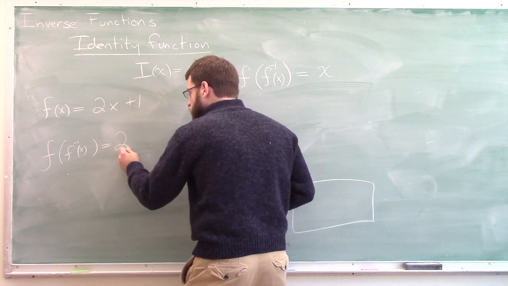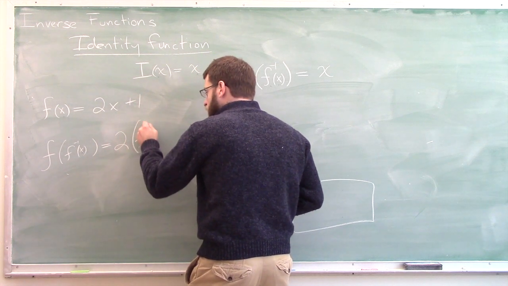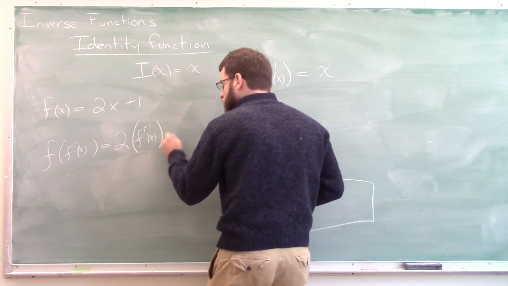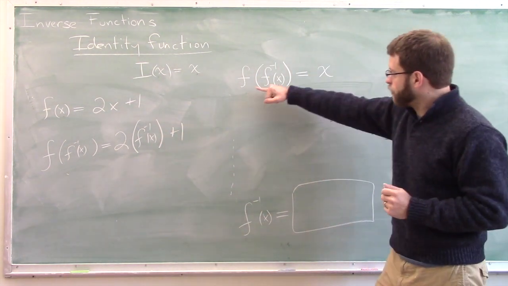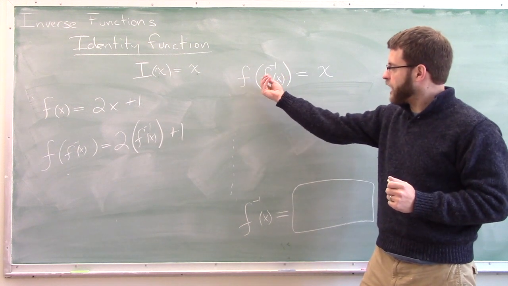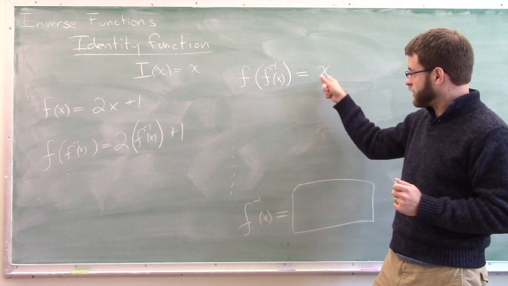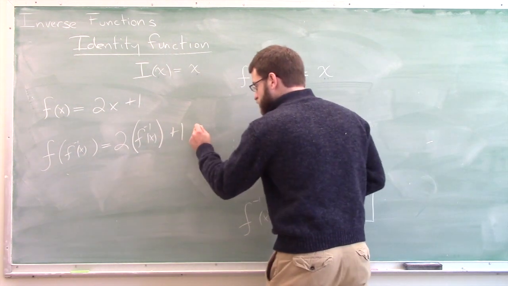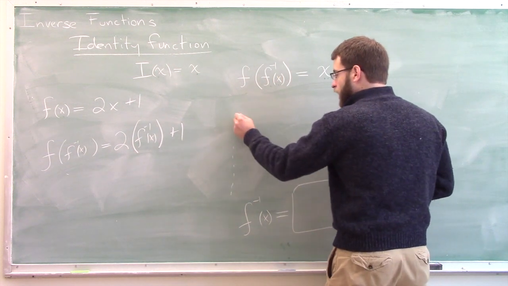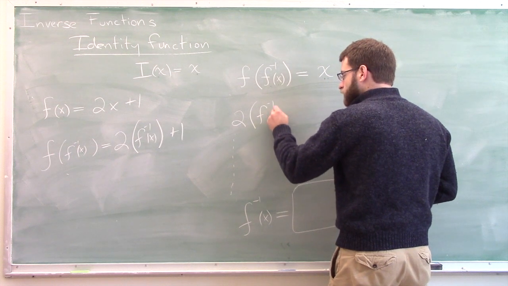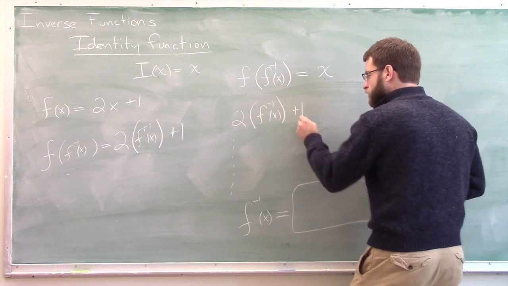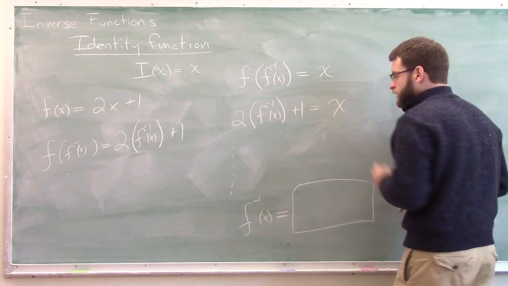So this would be 2 times f inverse of x plus 1. Okay? And we want f and f inverse, when we combine them in this way, to give us just x. That's the identity function. So this should be equal to x. 2 times f inverse of x plus 1 is equal to x.